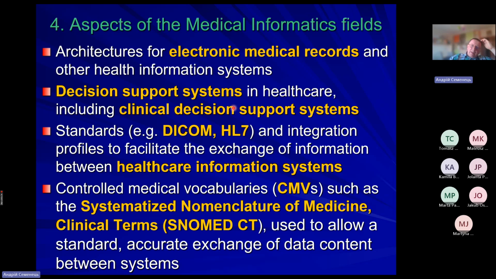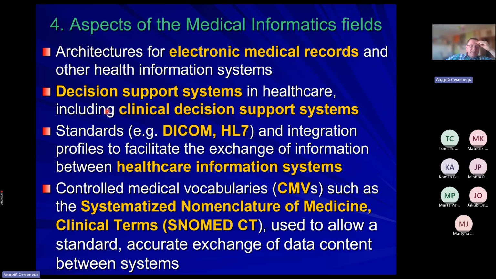What are the aspects of the medical informatics field? So here we actually have these four aspects, not limited to the given four activities. That's maybe only the most prominent, most important.